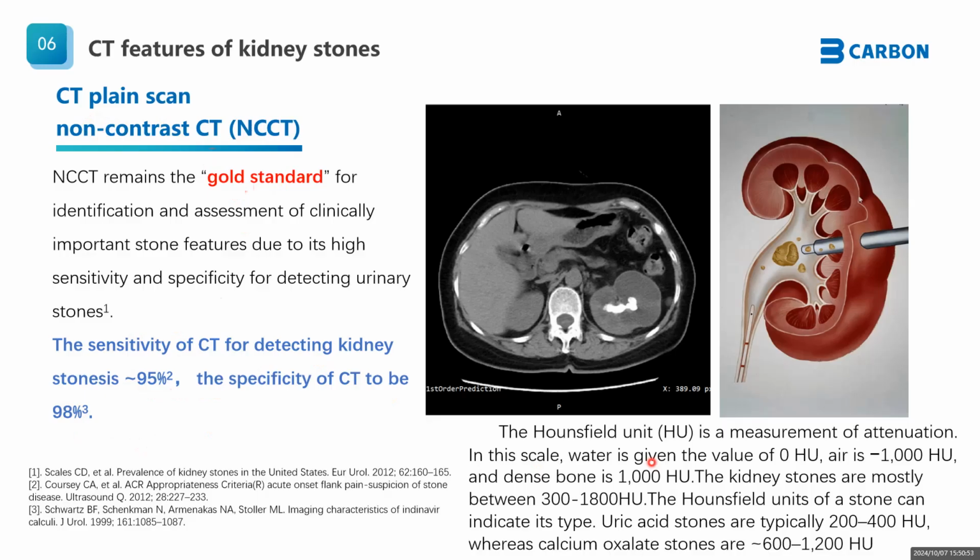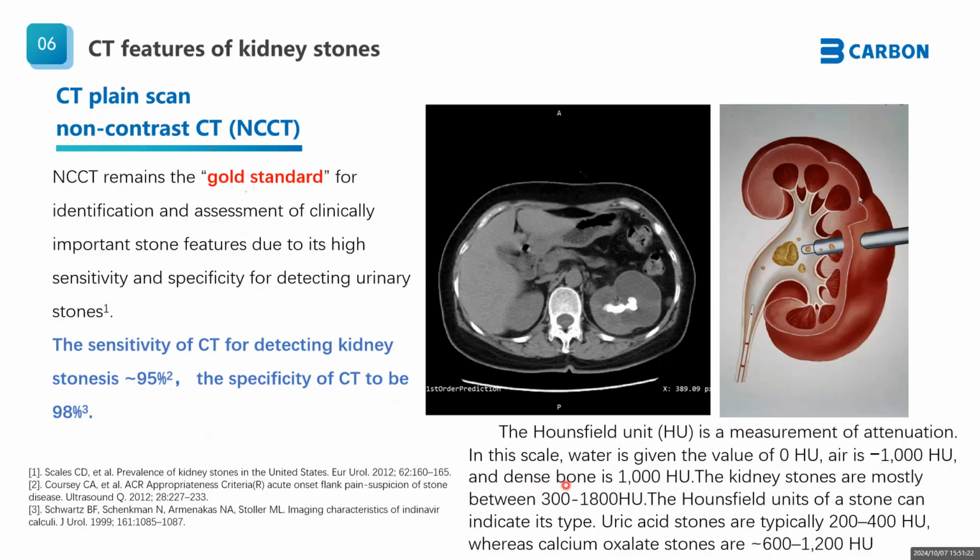And then there is HU, it means the Hounsfield unit. This is the measurement of attenuation. Okay, in this scale, water is given the value of 0 HU. Water is 0 HU. And then the air is minus 1000 HU.